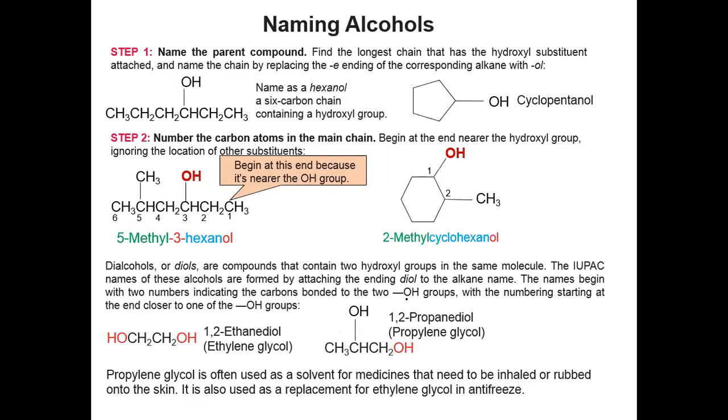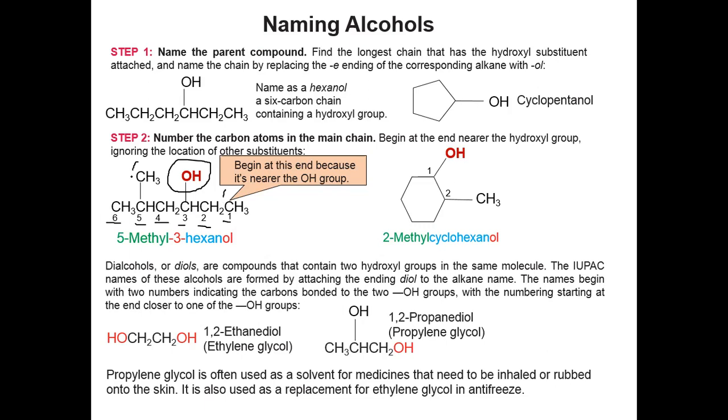Now let's see how to name alcohols. Again, the approach is very similar to every other type of naming, but what is now the priority is the hydroxyl group. We need to identify where this hydroxyl group is and start numbering from there. For example, if it is closer to this end, we start numbering from here: 1, 2, 3, 4, 5, 6.